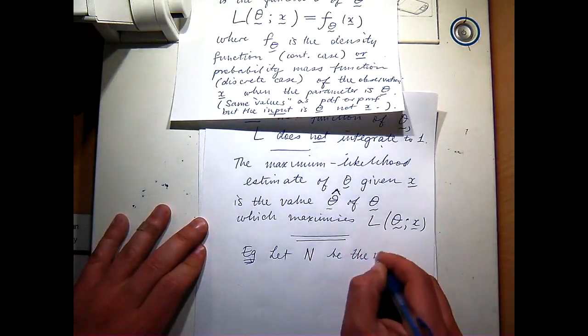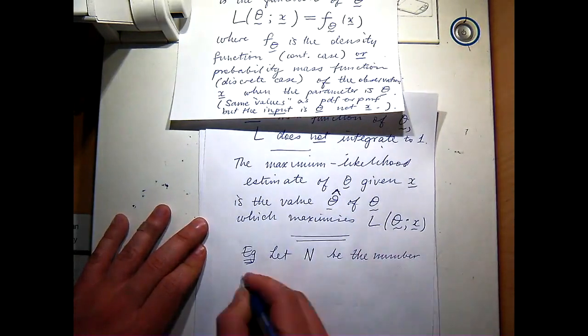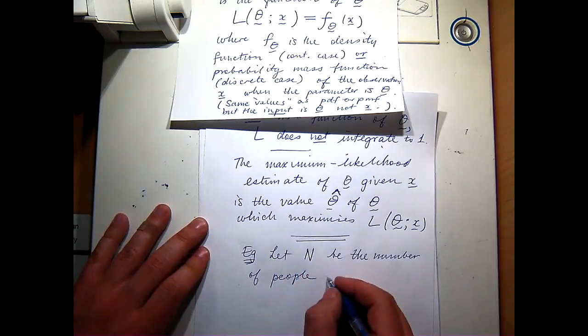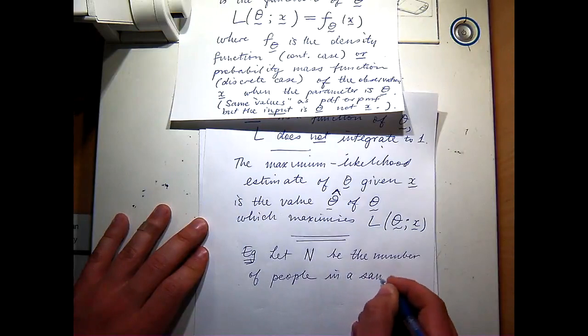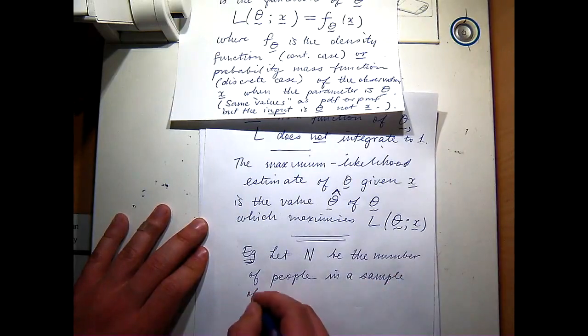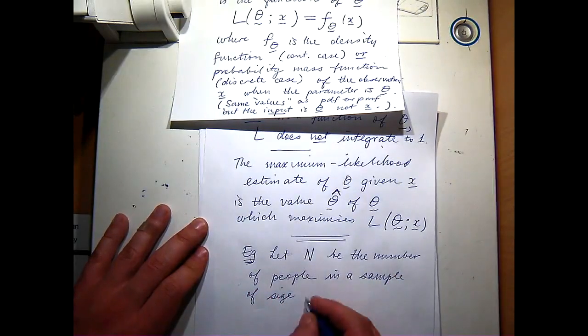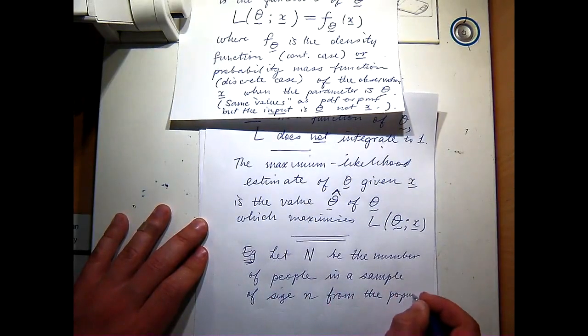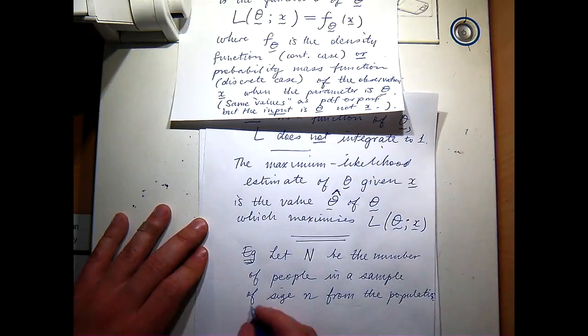The number of people, and for the moment I'm going to have fixed sample sizes, in a sample of size n from the population who have a certain property, could be a disease, who have disease D.